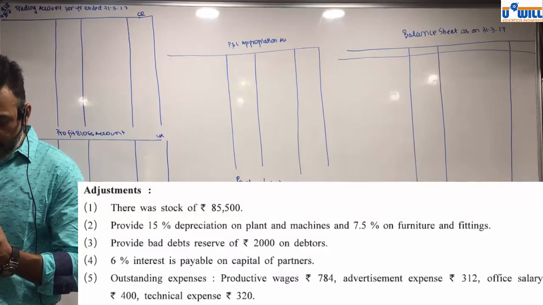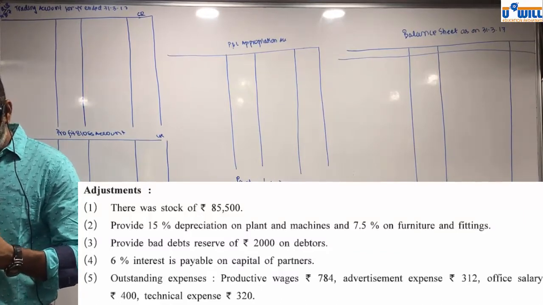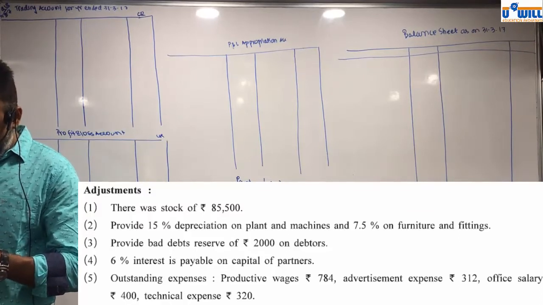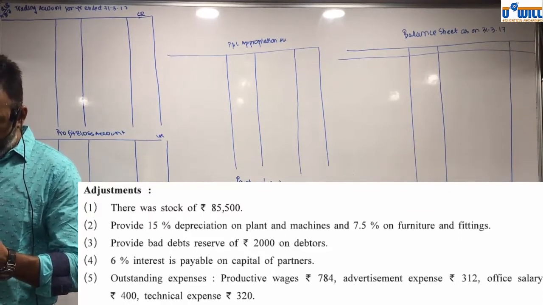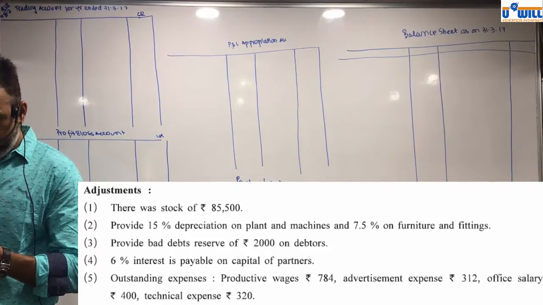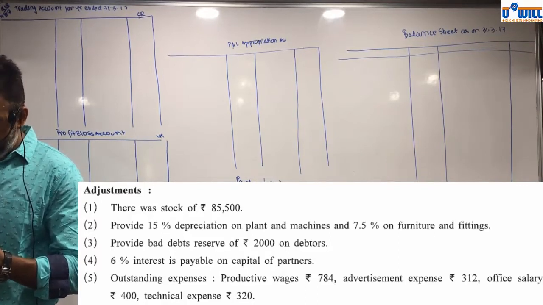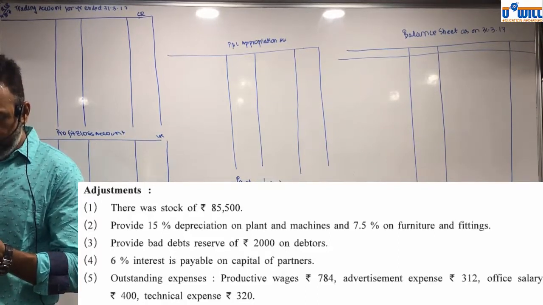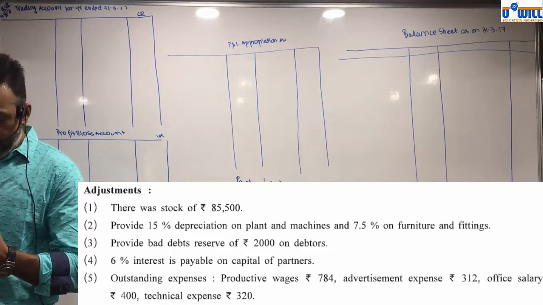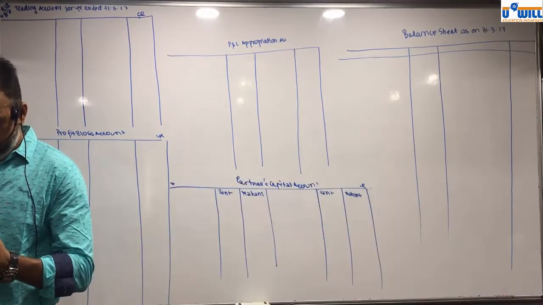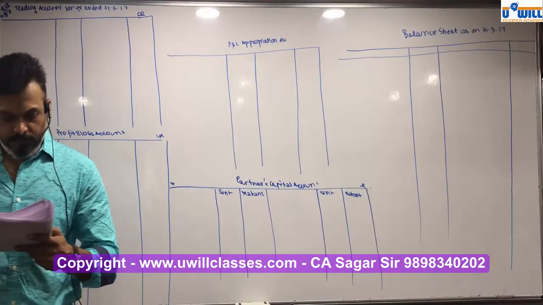Bad debt reserve, tick. Debtors and bad debts. Outstanding productive wages, tick. Advertisement expense, tick. Office salary, tick. Technical expense, tick. That's it.